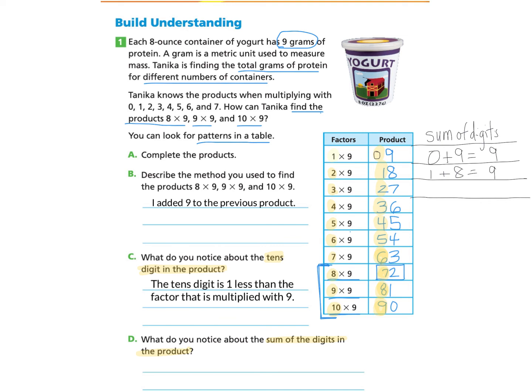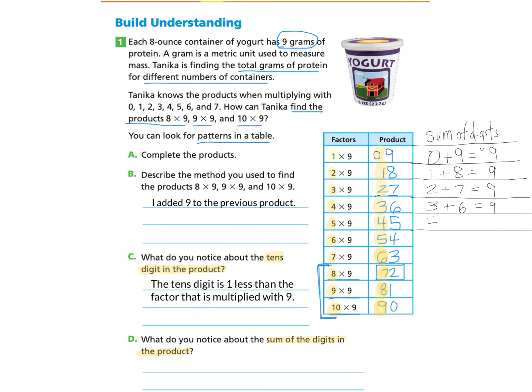All right, let's take a look at the next product, 27. 2 plus 7 equals 9. Are you starting to see a pattern? Let's take a look at the next one. 3 plus 6 equals 9. What are you noticing? If you'd like, you can start to write in your ideas under Part D. I'm going to continue to do a few more.